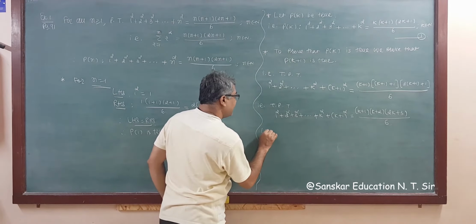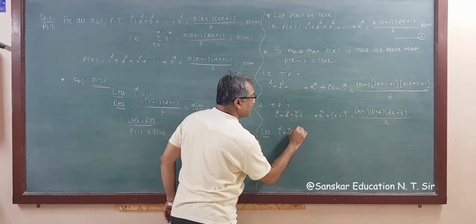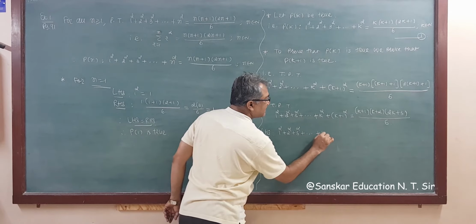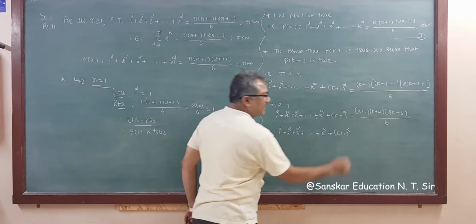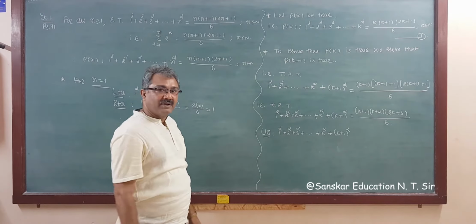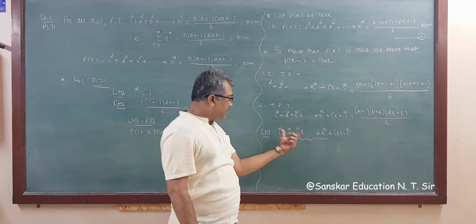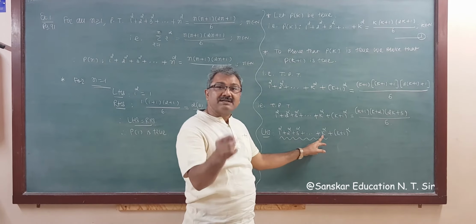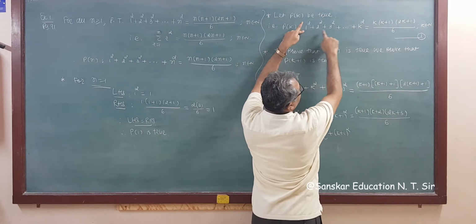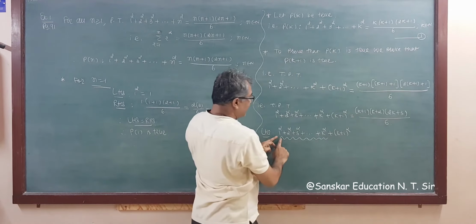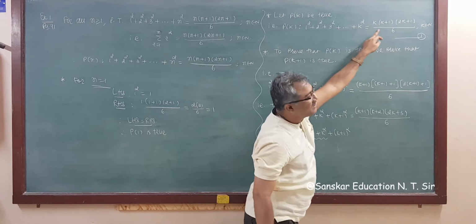So taking the left hand side: 1 square plus 2 square plus 3 square plus dash plus k square plus (k plus 1) whole square. Now you know that the left hand side of Pk plus 1 up to k terms is your result number 1. So applying result number 1, see here, this is 1 square plus 2 square up to k square, and this is 1 square plus 2 square up to k square. So the answer of this is always result number 1.